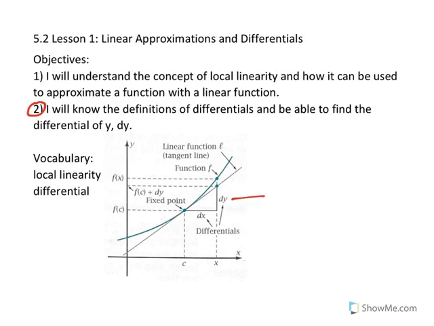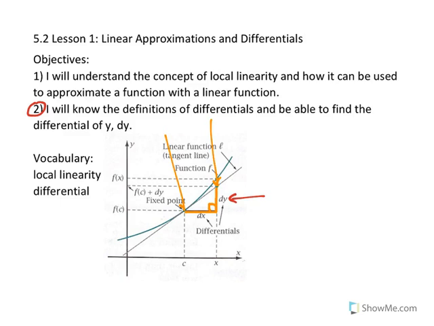To understand how to find dy, take a look at this right triangle. And of course, we have these two vertices of the right triangle, which are points on the line that is the tangent line to the graph of f at the fixed point.